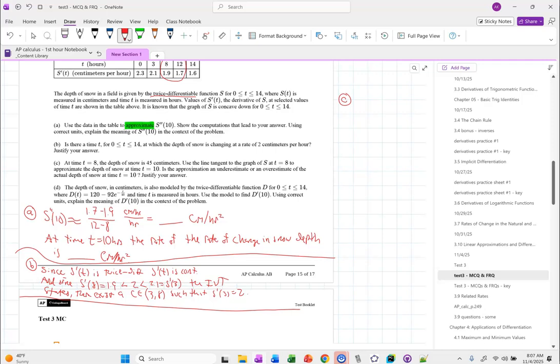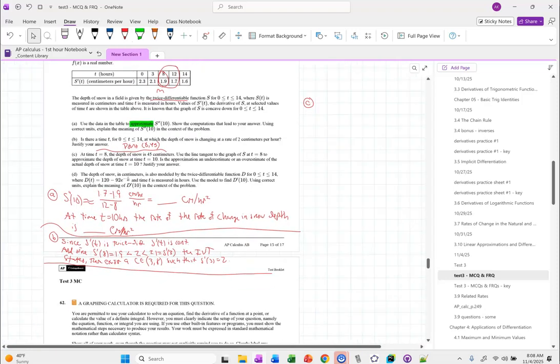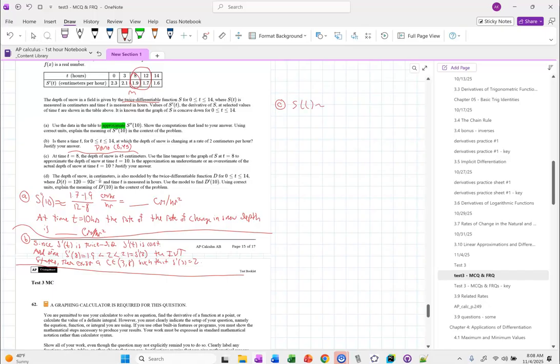So I'm going to start by writing my equation for my tangent line. So this first piece of information is my point. And this value of the derivative at 8 is going to be my slope. Is everybody okay with that? So I can say that S of t minus 45 is approximately 1.9 times t minus 8.